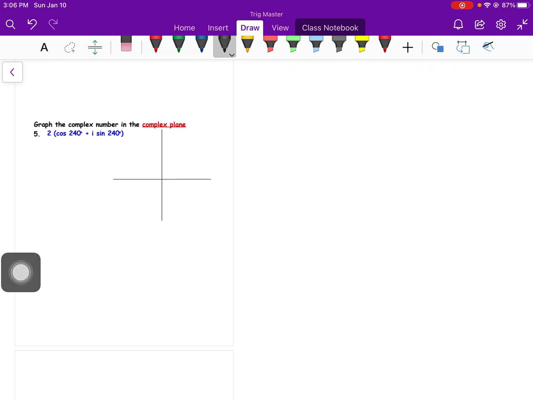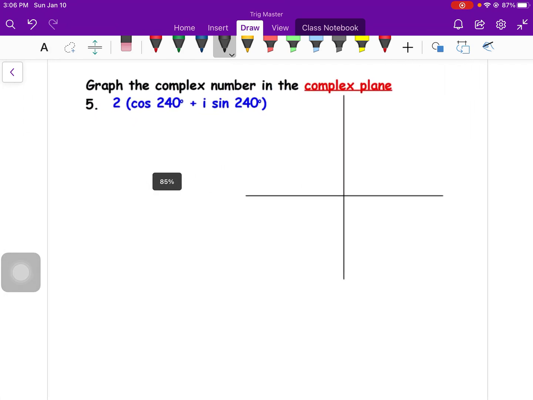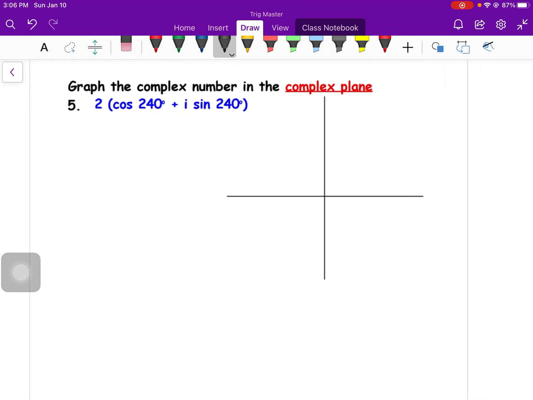So now we want to graph this next one in the complex plane. All right, so again, I'm going to just kind of simplify this and get it back to our standard form. So I can think of 240 degrees as 180 plus 60. So our reference angle is 60 degrees. So I have 2 times the quantity. Well, cosine of 240 is going to be, let me change to red for this.